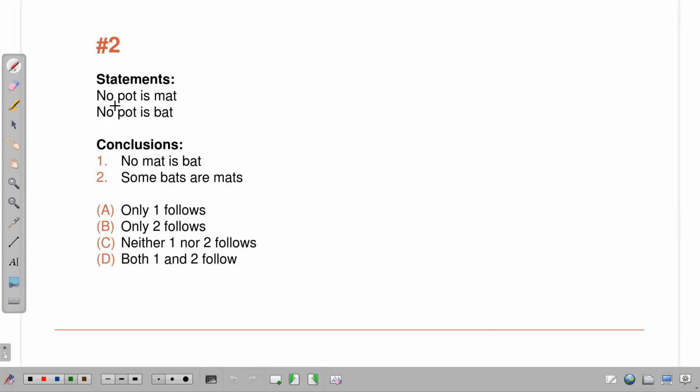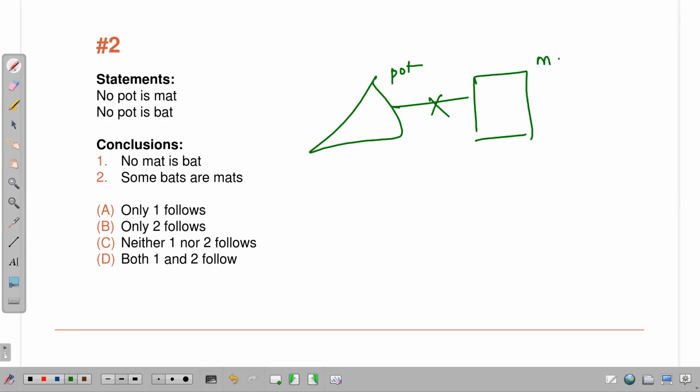All right, let's resume. No pot is mat, no pot is bat. Now, two negative premises are given: the pot is not supposed to intersect mat, and the pot is also not intersecting bat, but bat can intersect mat. Okay, so there is this bat as a possibility that I can make.